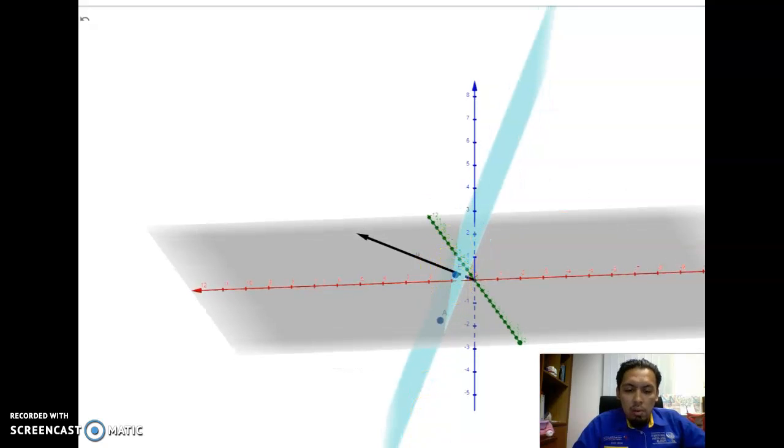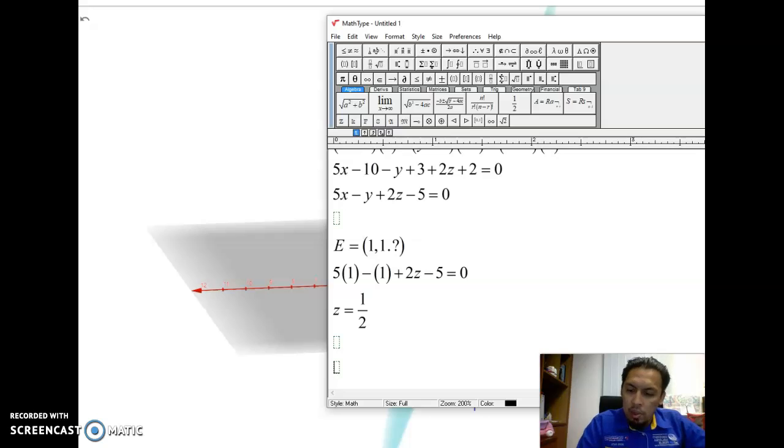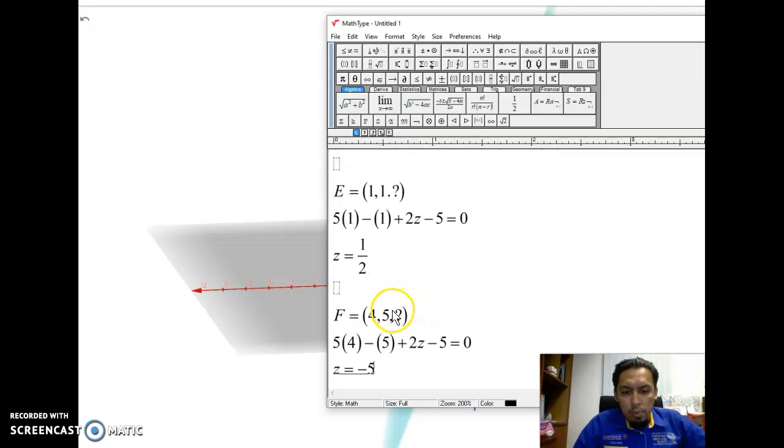Alright, let's try another one. Let's say we want to find F: what will be the value of z if x is 4 and y is 5? Just input everything and you'll get z equals negative 5.